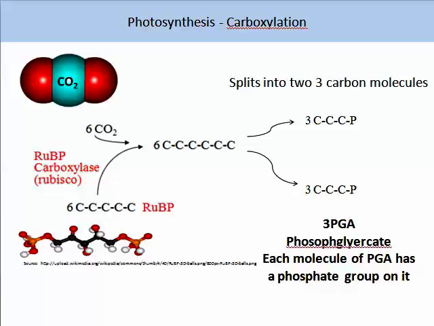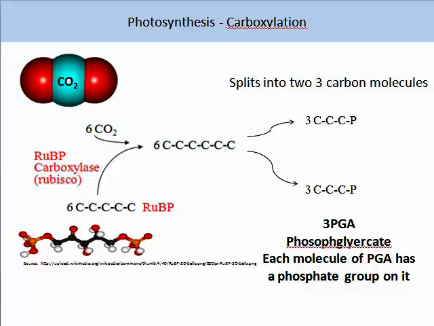These 3-carbon molecules are called PGA, or phosphoglycerate. Each of these molecules of PGA also has a phosphate group attached.